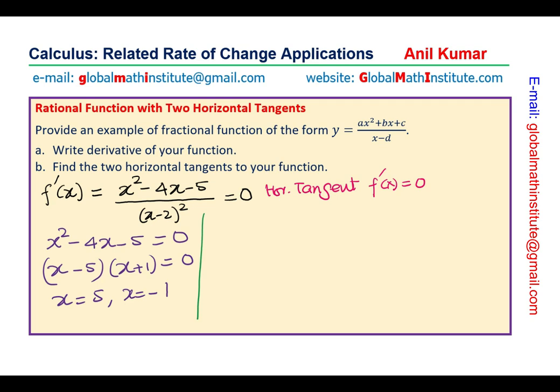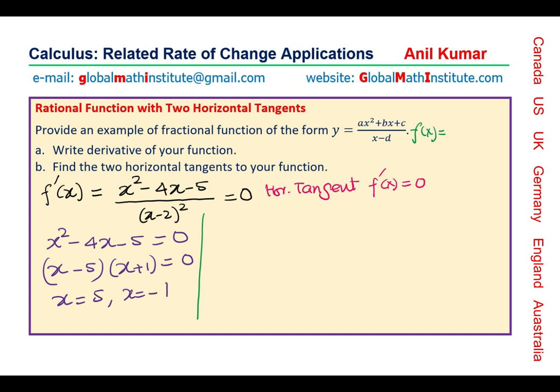Now, what do we need to do? We need to find the y value at these points, correct? So what was the function? So let's write down the function which we took. We took the function as equal to x squared plus x plus 3 over x minus 2, correct?